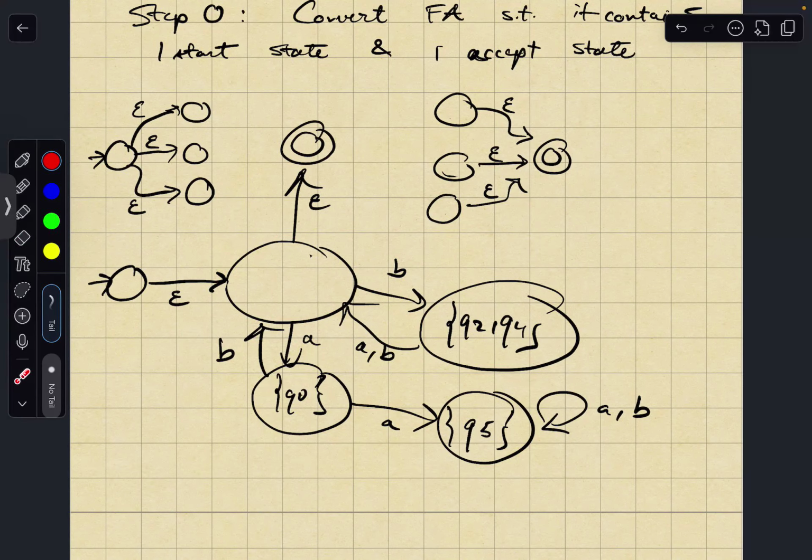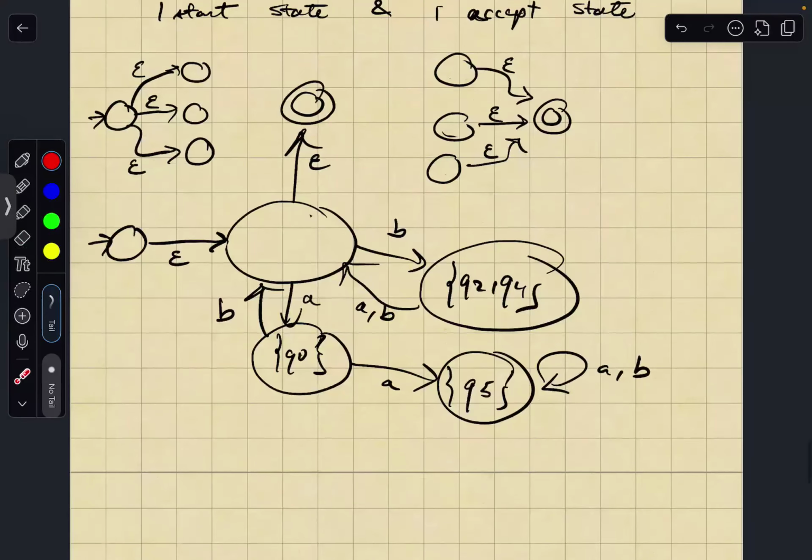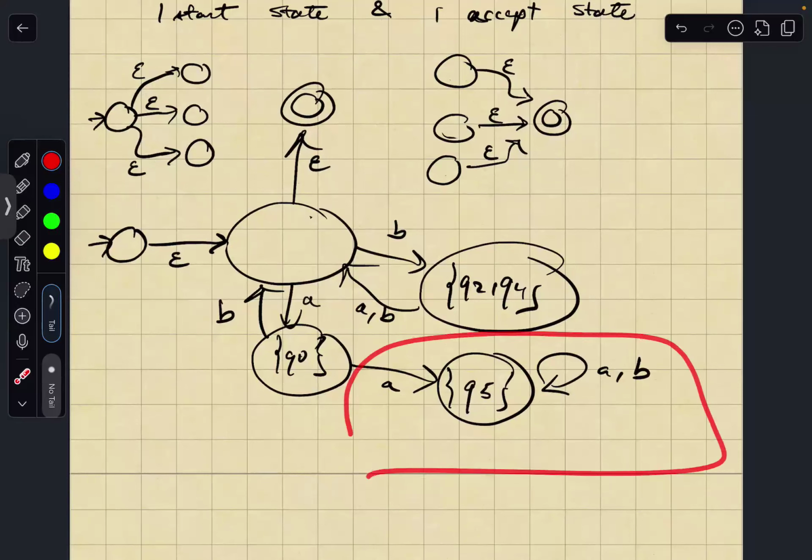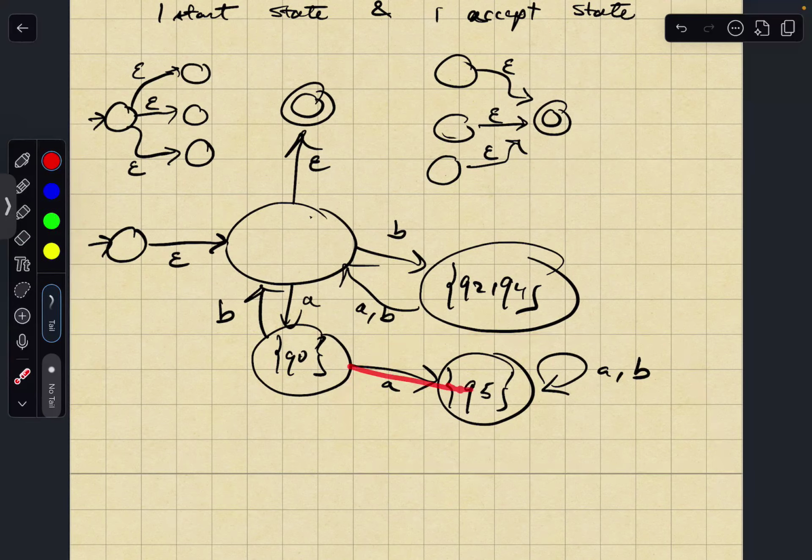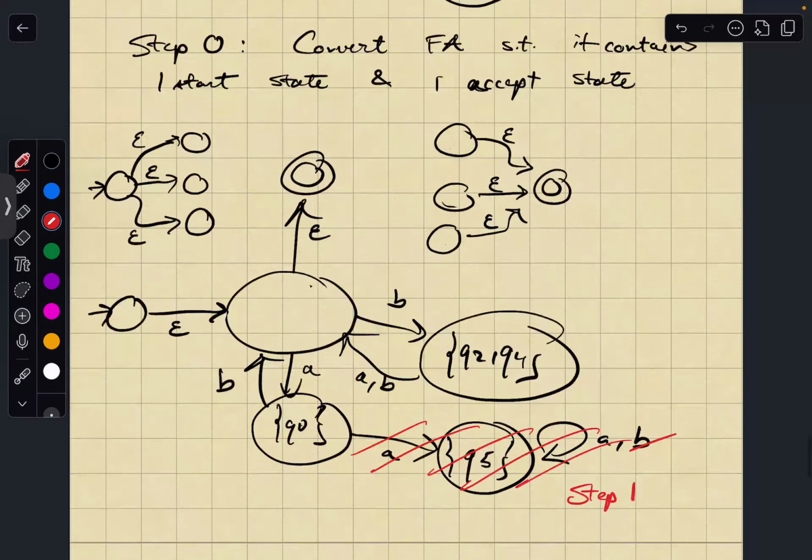Okay. And now at this point, I can start ripping things out. So immediately, one thing that I see already is that I have a dead state. For dead states, I can just rip them out, and nothing is actually going through the dead state and coming back, right? So that means that I can just take it out and it won't affect the final regular expression. I'll call this step 1, because this was step 0, right?